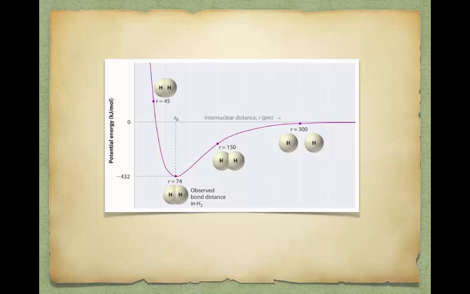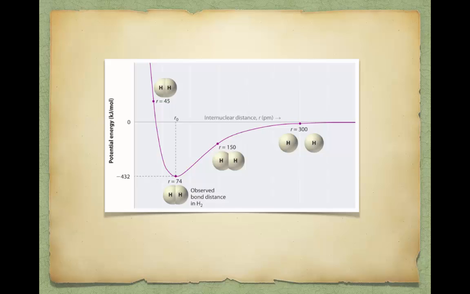Now, if you continue increasing the internuclear distance, you'll notice that the potential energy starts to increase, meaning there is less attraction between the atoms until you get to R equals 300. At that point, the potential energy practically reaches 0. The reason why is Coulomb's law. Coulomb's law states that as the distance between atoms increases, the attraction between them decreases.